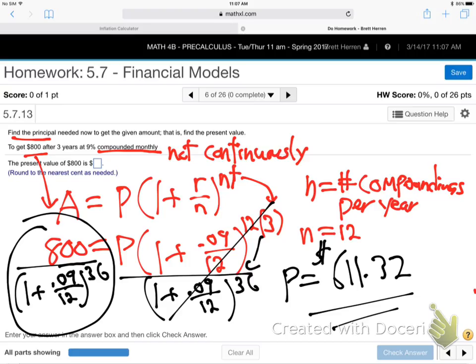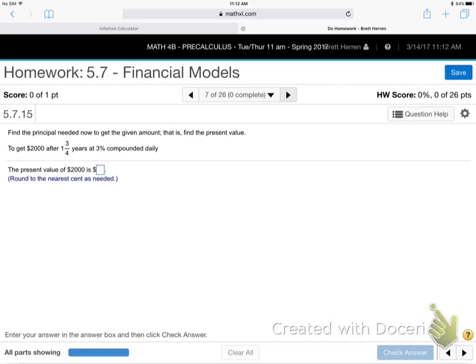All right. Oh, I just bumped it. So to get 2,000 after 1 3/4 years at 3% compounded daily. So is this one compounded continuously?